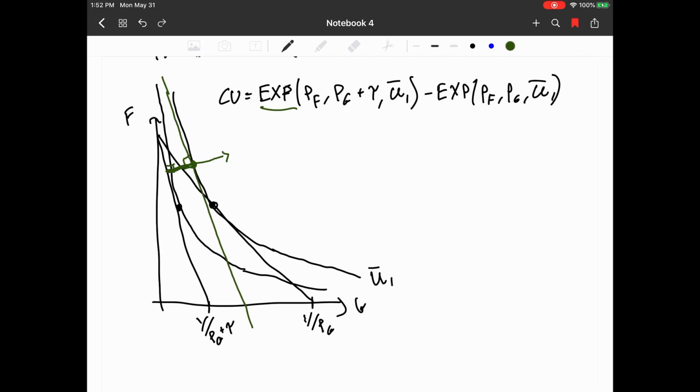Another way of looking at this is to set up the Hicksian demand relationship. So instead of looking at both G and F, we can actually set this up with price on the vertical and quantity of G on the horizontal. And our Hicksian demand gives us some relationship like this.